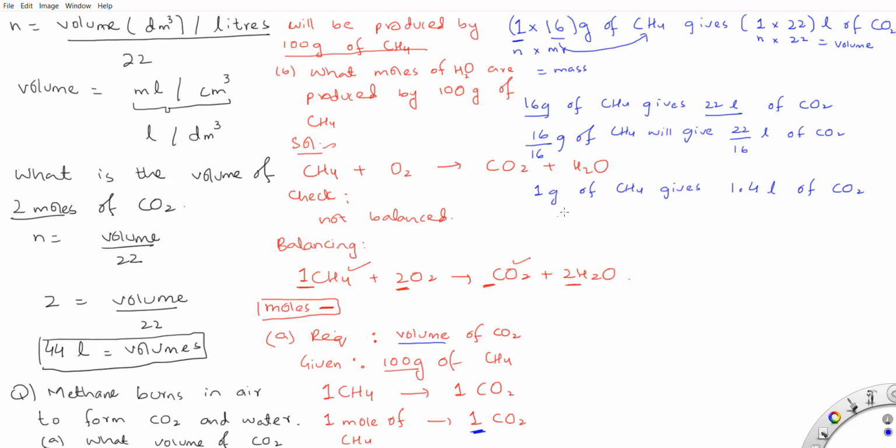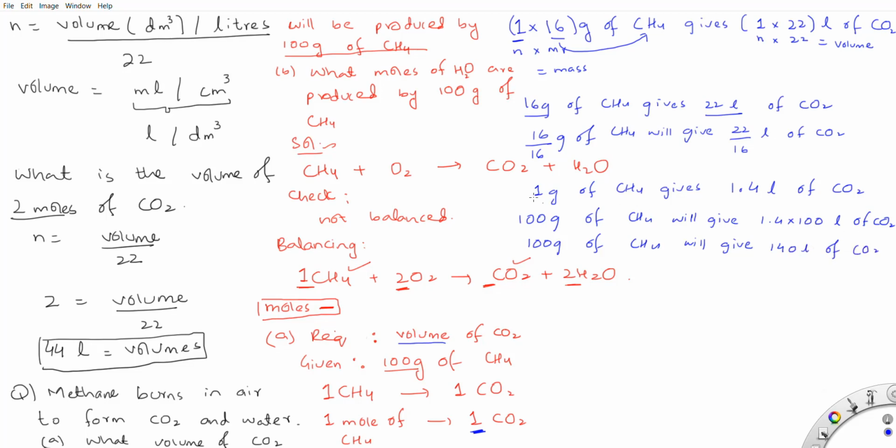So now I can multiply this with 100. This becomes 100 grams of methane will give 1.4 times 100 liters of carbon dioxide. So I can proceed accordingly: 100 grams of methane will give 140 liters of carbon dioxide.